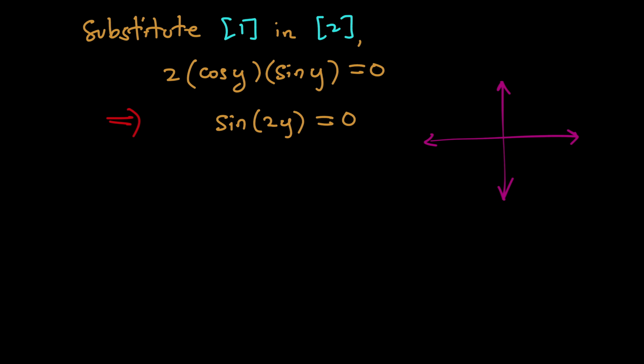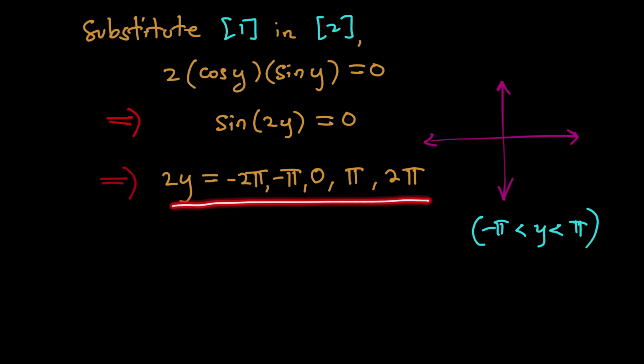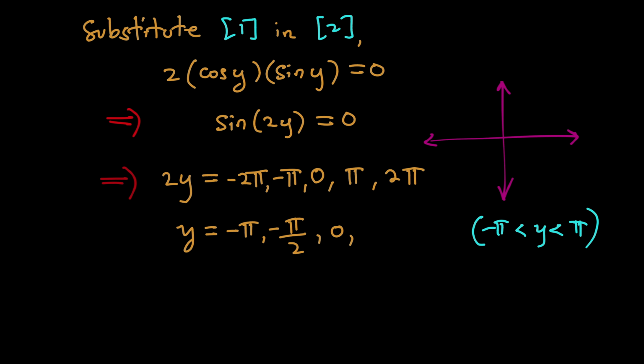Since the value of y in our original problem is restricted in this region, some of the possible values for 2y are negative 2 pi, negative pi, 0, pi, and 2 pi. We can obtain y by dividing by 2 on both sides. This reduces to y equal to negative pi over 2, 0, pi over 2, and pi. But since we have this inclusion, this means we only take these values.